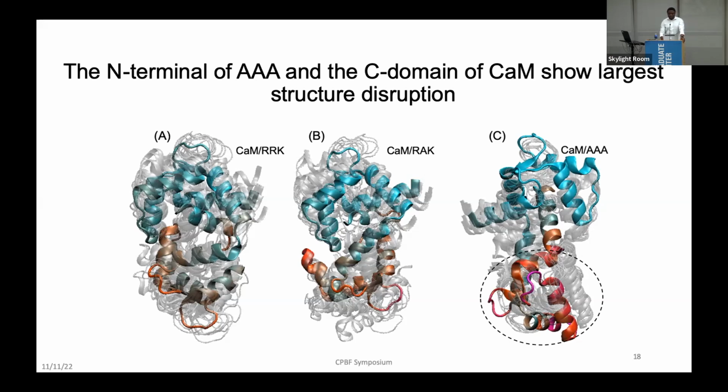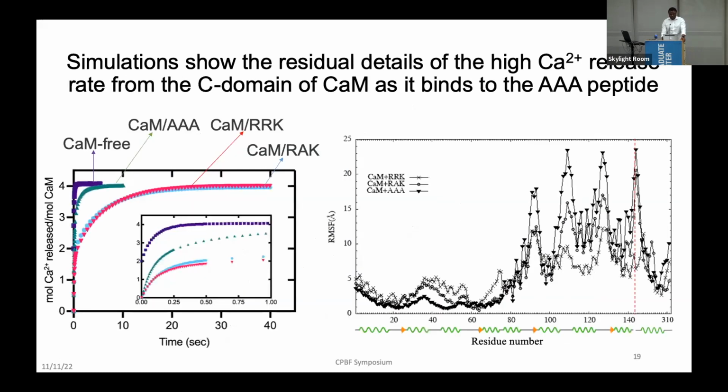We then plotted this root mean square fluctuation as a function of the residue number, as you can see here. As expected, we can see that the complex with CaM and the triple mutant peptide shows high fluctuations in the C domain of CaM, which is happening mostly in the calcium binding loop of CaM.